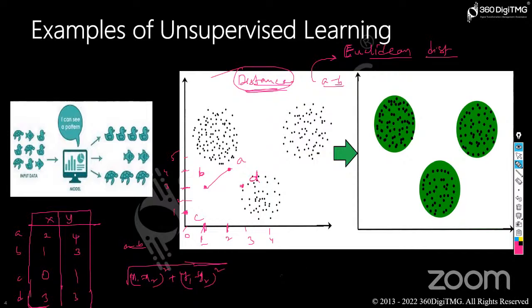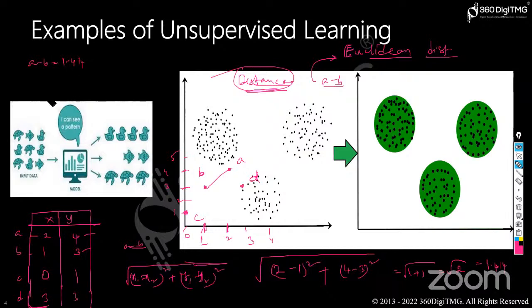So x1 is 2, x2 is 1, whole square, plus y1, y2, 4 minus 3 whole square. I'll take the square root of all this. So I get 1 plus 1 whole square, which is the square root of 2. I can remember this as 1.414. So the distance between A and B as a pair is 1.414.